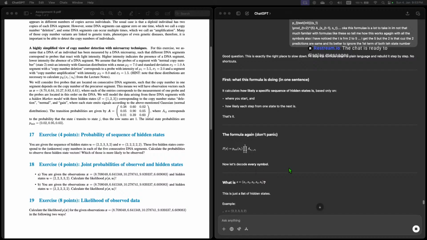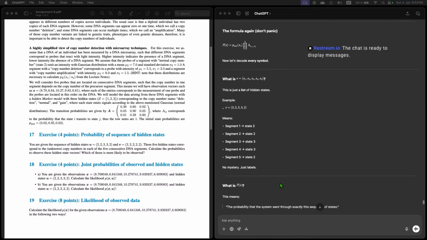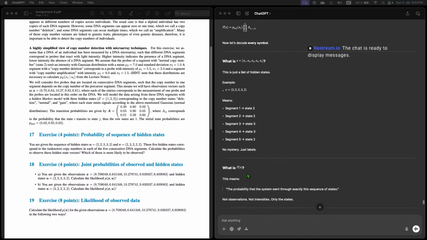Now let's decode every symbol. S is just a list of hidden states, no mystery, just labels. P(S) means the probability that the system went through exactly this sequence of states. Not observations, not intensities, only the states.